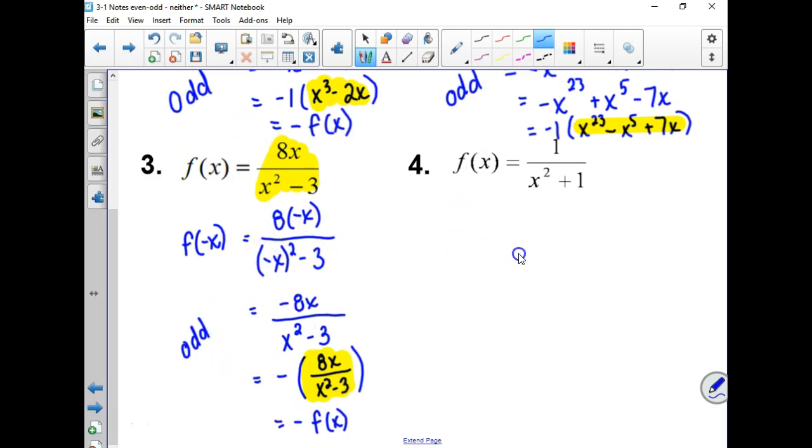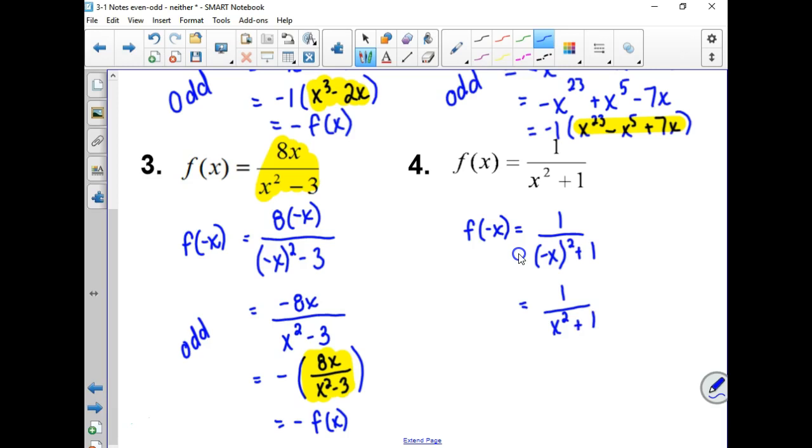Number 4, if we look over here, if I do f of negative x, we get 1 over negative x squared plus 1. So I will end up with 1 over this even exponent here, just kind of erases that negative because negative times negative gives us a positive, plus 1.